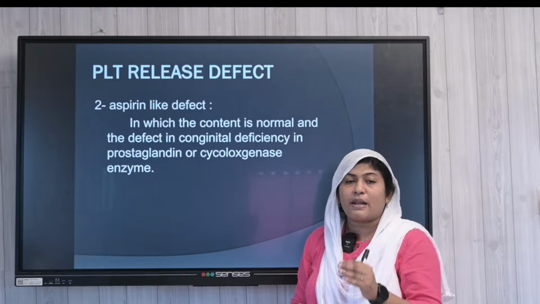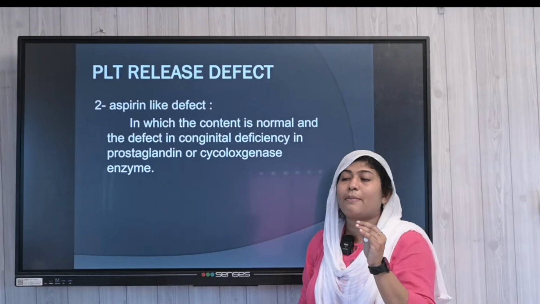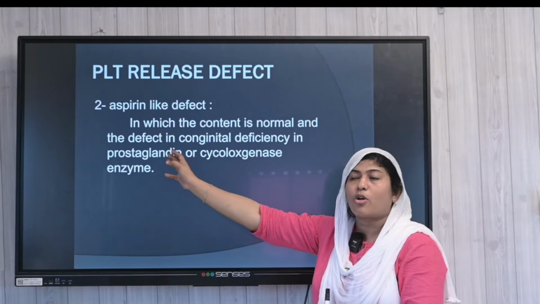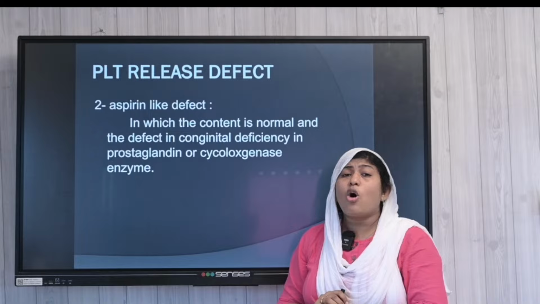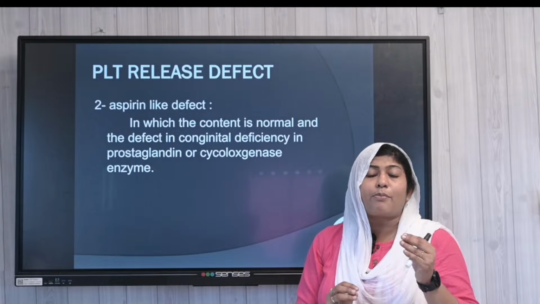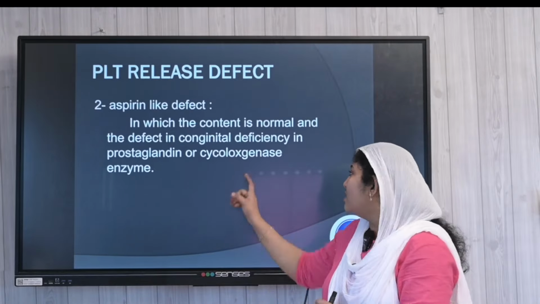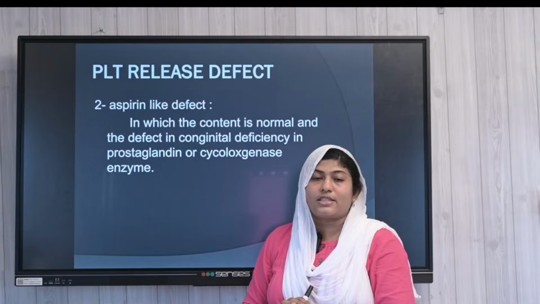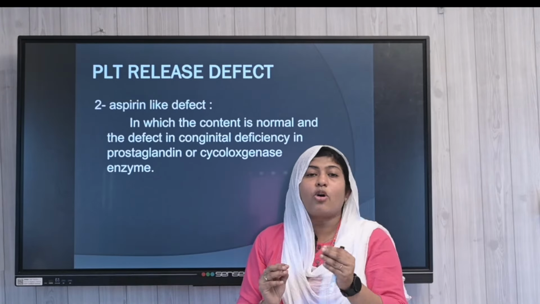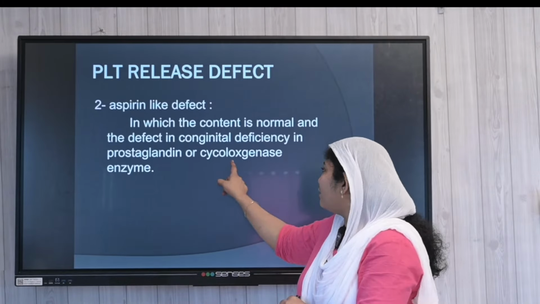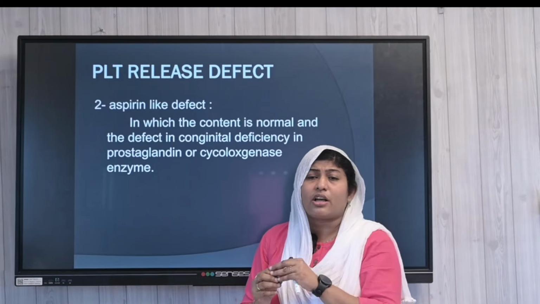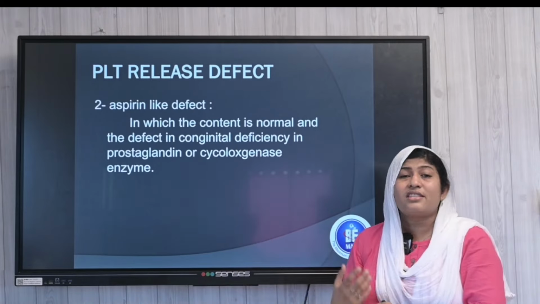Like the aspirin medicine, inside our blood vessel we have some enzymes called cyclooxygenase enzyme and prostacyclin or prostaglandin. They all support the adhesion or aggregation of platelets. So, when platelets are properly attaching to the injured area, this enzyme, cyclooxygenase, is released. If a patient has proper attachment or aggregation but there is a deficiency of this particular enzyme, the bleeding will still be prolonged.